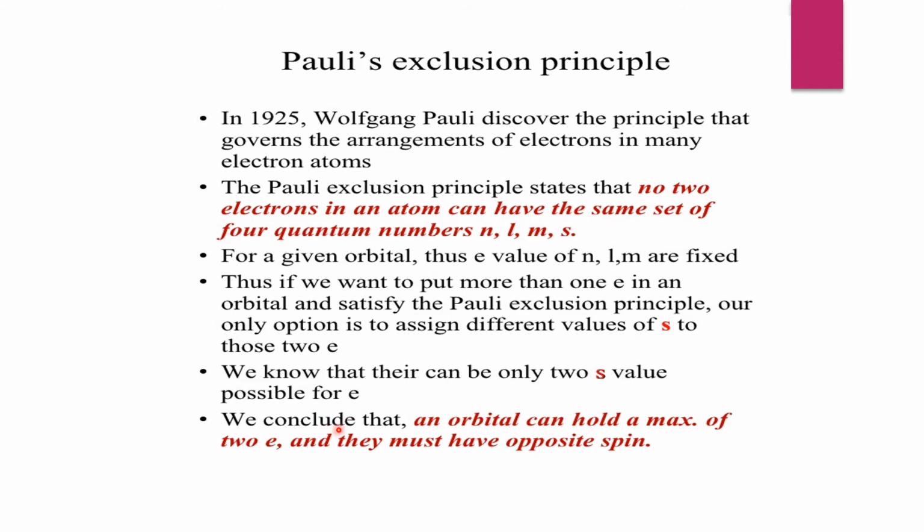So here we conclude that an orbital can hold a maximum of 2 electrons and they must have opposite spin, which reflects in obeying Pauli's exclusion principle. So what is Pauli's exclusion principle? Pauli's exclusion principle states that no two electrons in an atom can have the same set of 4 quantum numbers.